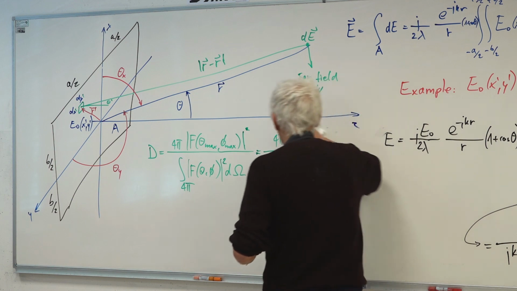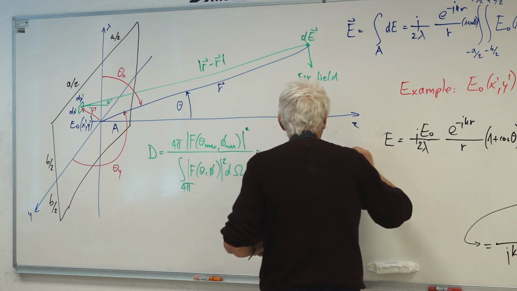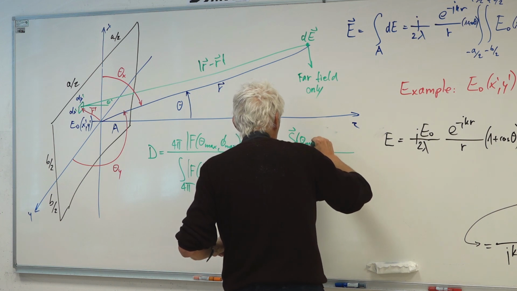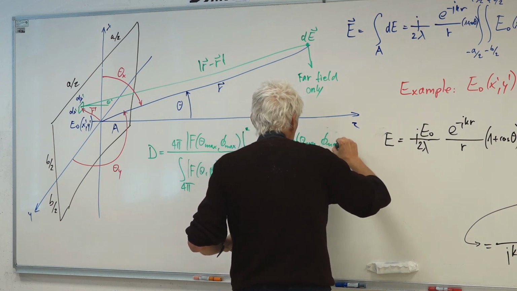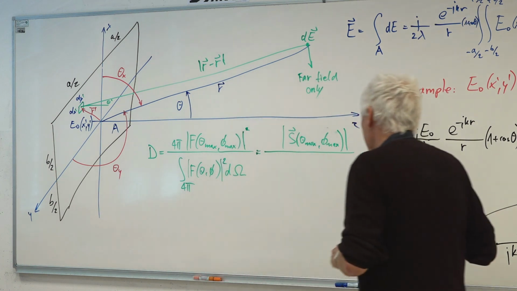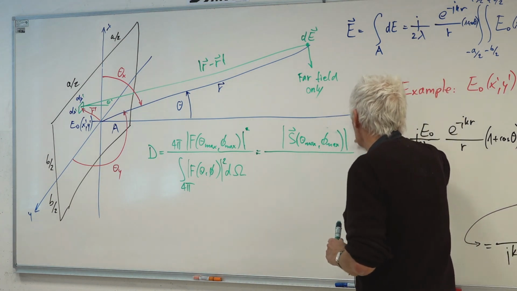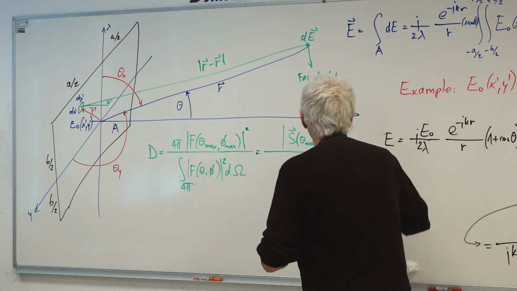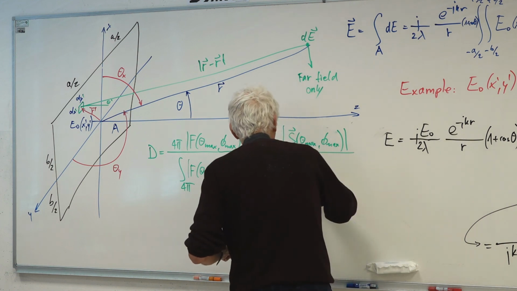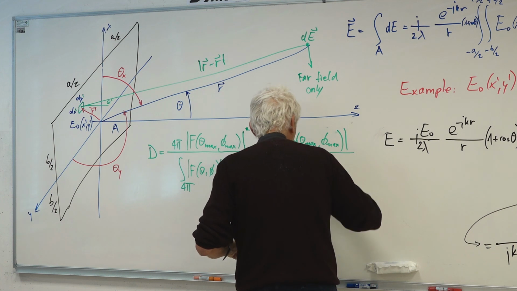So to get the directivity in this way, take the S maximum at theta maximum, phi maximum, absolute value, divided by the average S, and without the square here, because it's S, and down, taking the whole power divided by 4 pi r squared.